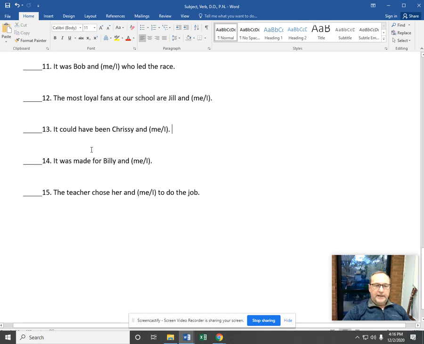All right, same thing applies with number 13. Could have been is a state of being verb. So we're going to have to apply what we used before. It is the subject. Could have been is a state of being verb. Let's get rid of Chrissy.